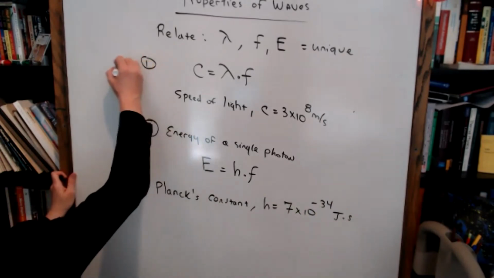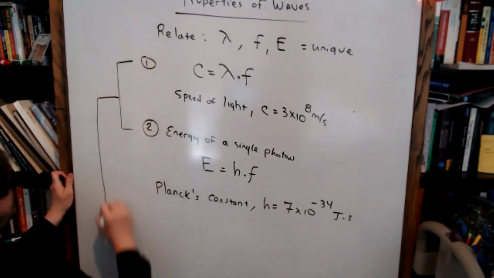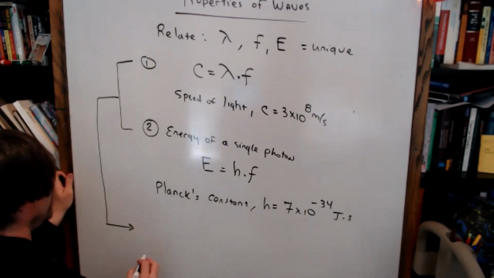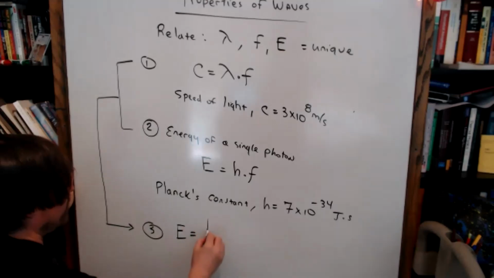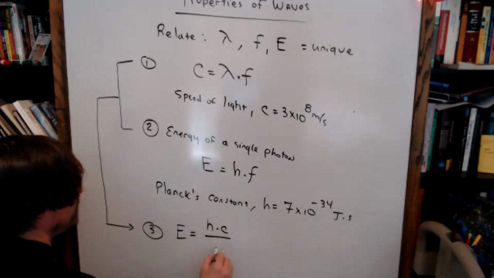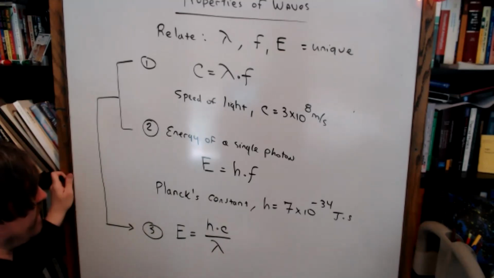I can also combine equation 1 and equation 2 into a third equation that I think is very helpful for students. It's also the energy of a single photon, but it's now expressed in terms of wavelength.